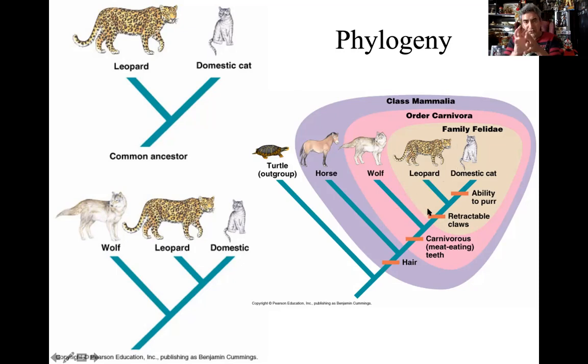What separates the wolf from the cats? The cats can retract their claws. The dogs have non-retractable claws. So these two cats can retract their claws. Wolf cannot. So that separates the wolf out. And then what separates the leopard from the domestic cat? The ability to purr, right? Cats can purr, like their little motors running.